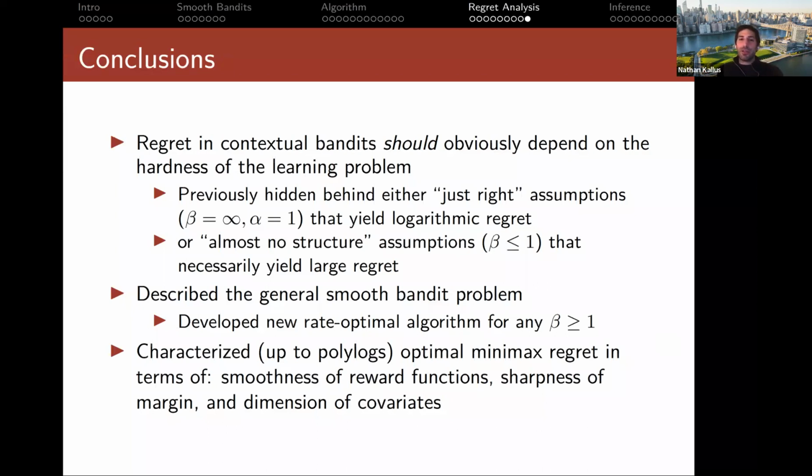We did this by describing this smooth bandit problem, and we developed a new rate optimal algorithm that worked for any given beta parameter. Because we showed this algorithm was optimal, this allowed us to characterize exactly, up to polylogs, the minimax regret in terms of the key problem characteristics: the smoothness of the rewards, the sharpness of the margin, and the dimension of the covariance.